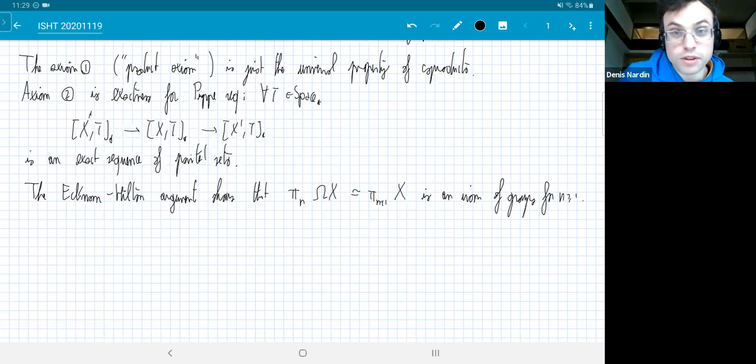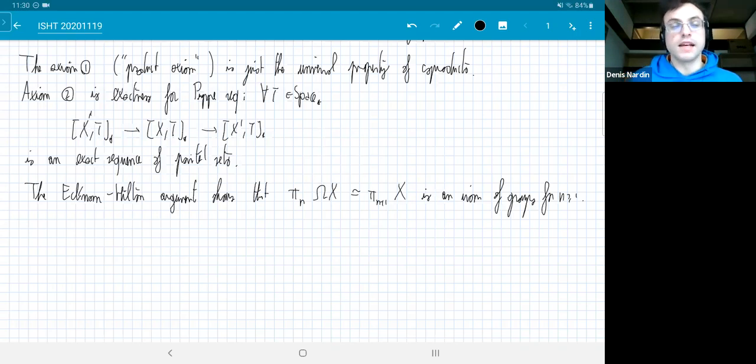So you have two group structures on this group, and the naturality of the group structure of pi n forces the two group structures to commute with each other, and then the Eckmann-Hilton argument tells you that the two group structures are the same, and in fact are abelian. And that's what you have to check.